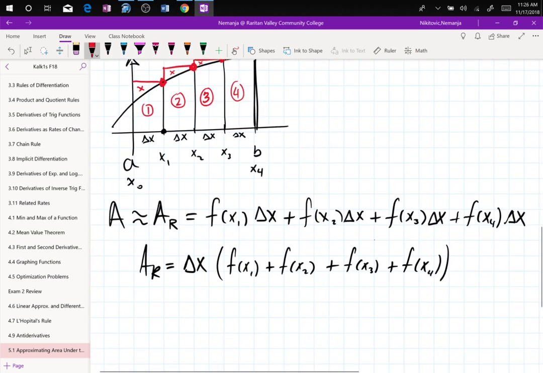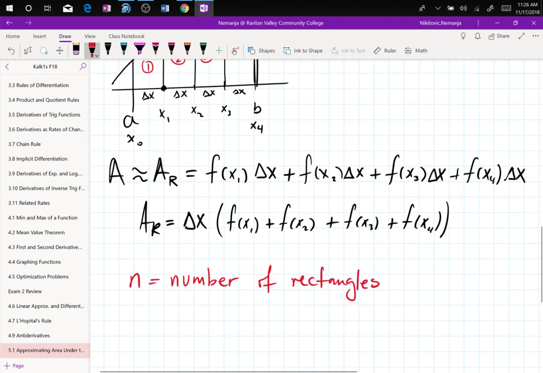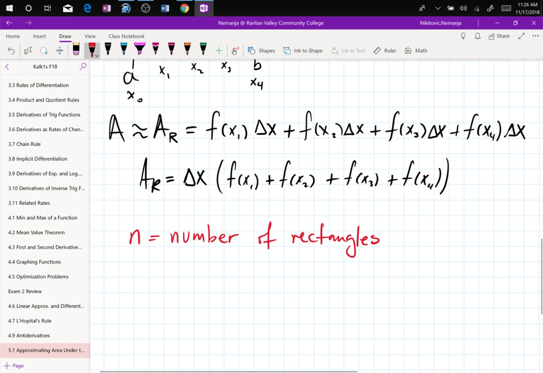Now n, lowercase n, will be number of rectangles. And the formula for delta x is simply b minus a over n. So you can always compute delta x because you need to know the interval, right, a to b, because that has to be given.